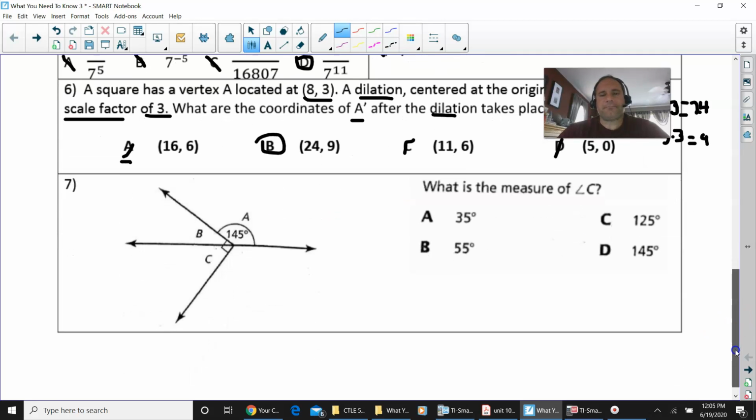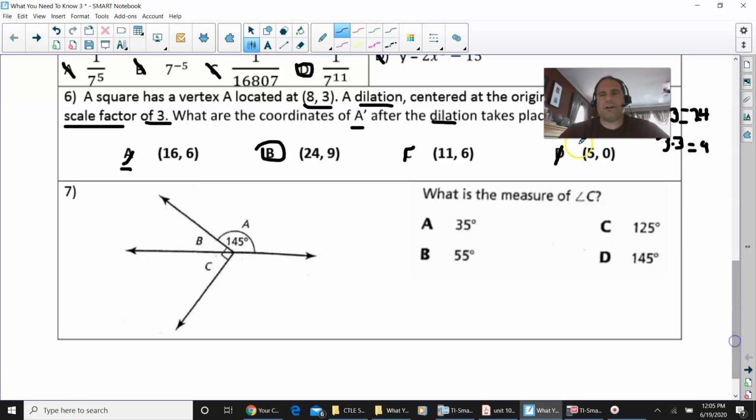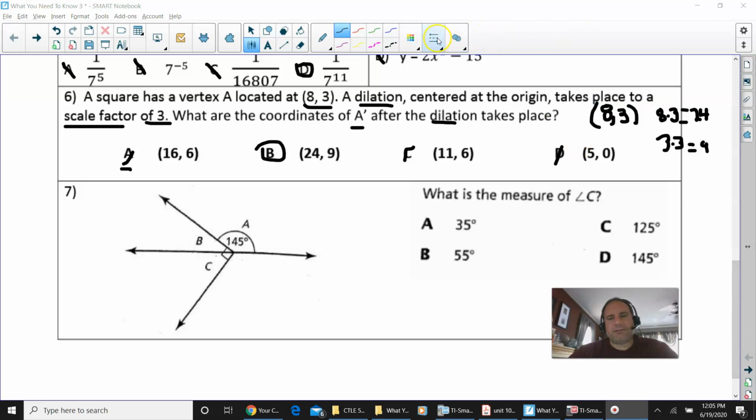All right, so what's the measure of angle C? So take a look. This is what they're looking for right here. I like to mark it on there. This is a 90-degree angle. B and C equals 90 degrees. But take a look, this is 145. If I fill in this little gap right here, that little blue part, this is a straight line.